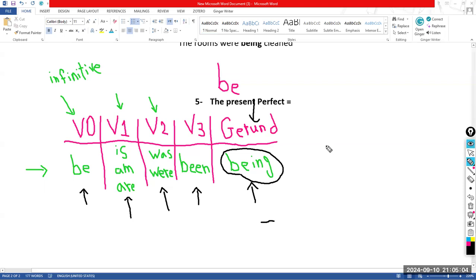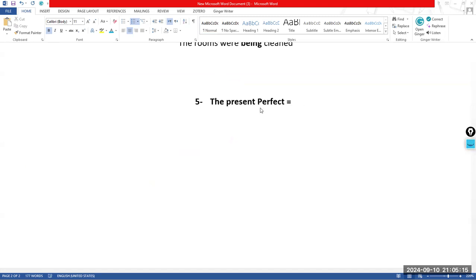Because, as I told you, if we have continuous verbs, I have to use being. Now, any perfect, you have to use what? Been immediately. So any perfect tense, not only the present perfect, but the past perfect, present perfect continuous, past perfect continuous, future perfect, you have to use been.